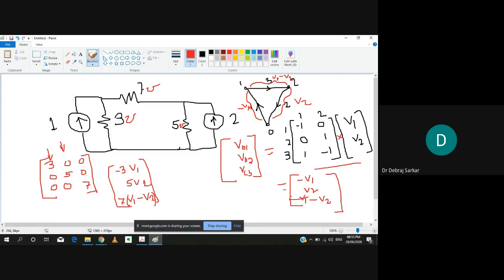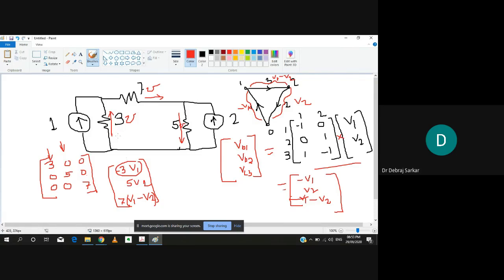Now tell me, what do you think this minus 3 V1 is? Minus 3 V1 is the current through this, right? Yes, sir. 5 V2 is the current through this. And 7 into V1 minus V2 is the current through this.